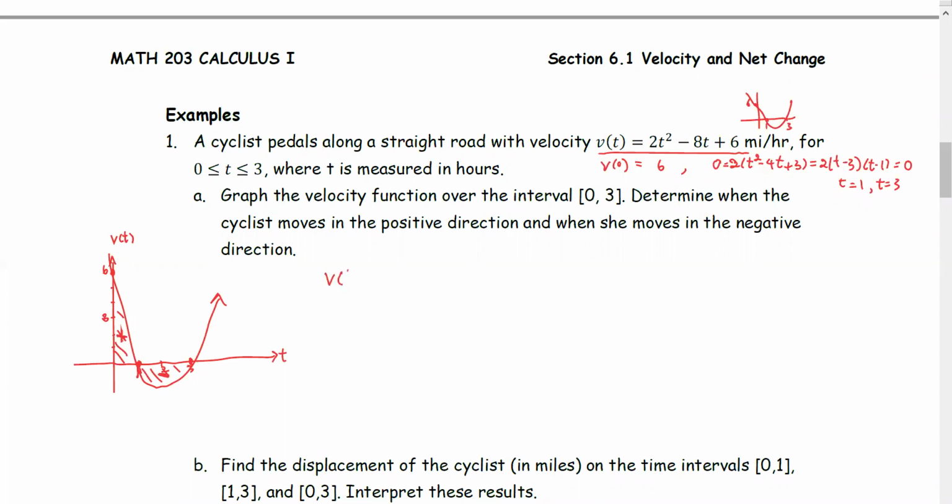Therefore, the velocity v(t) is positive on the interval between 0 and 1. Therefore, the cyclist moves in the positive direction.